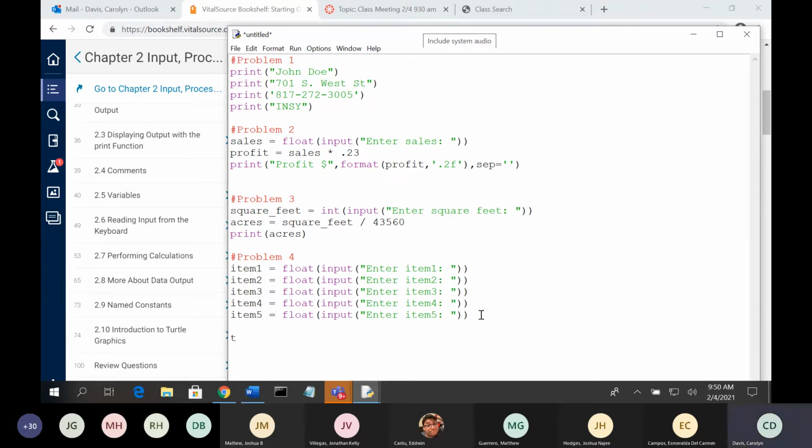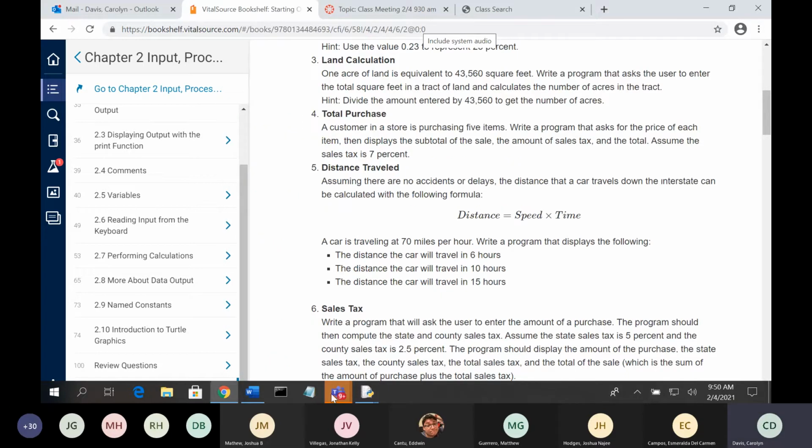I need to add them up. Now I've got to calculate the tax. It was 7.25, right? Oh, 7.